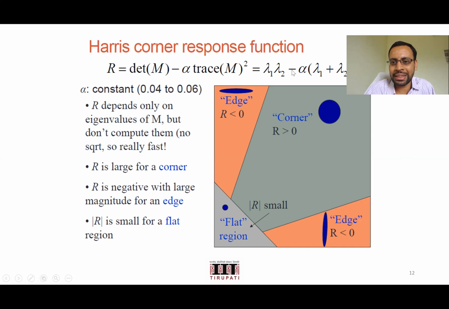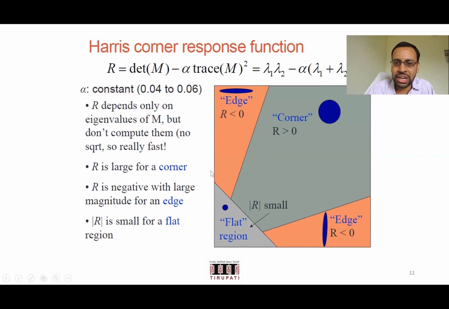You are subtracting that from lambda 1 plus lambda 2. So just take some values, even there you could do some mathematical approximations, and you would see that when one of them is very large and another is small, this R value would be negative, a large negative value. This could be negative, but it's very small.